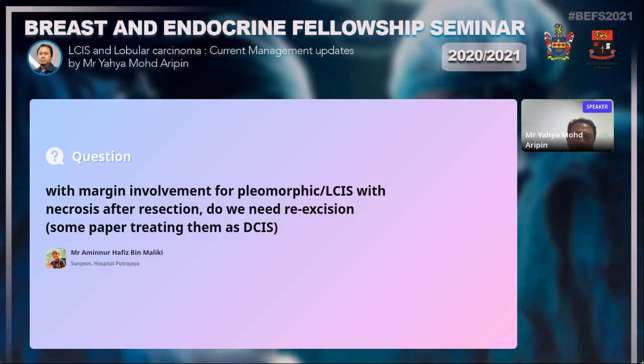If it is diagnosed by true cut biopsy, then you have to go in again and do the first excision biopsy. But say you do an excision biopsy for another reason, for DCIS or invasive cancer, and the specimen comes back with the margin involved by pleomorphic LCIS. That also you need to remove. Understand?